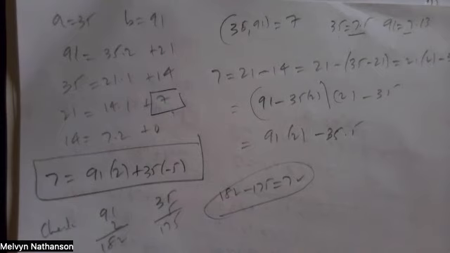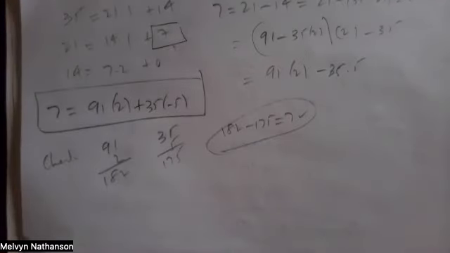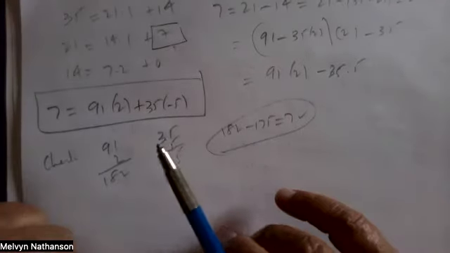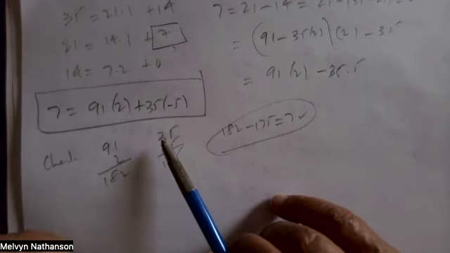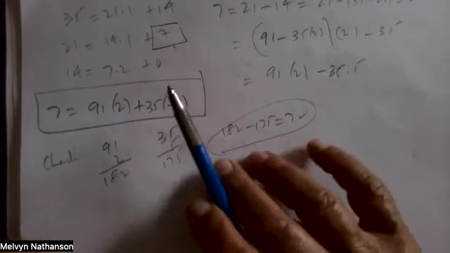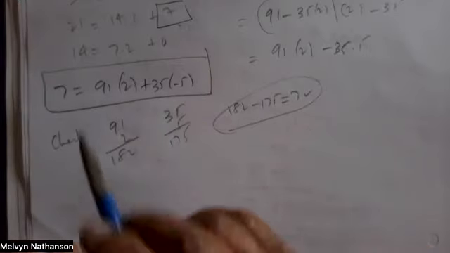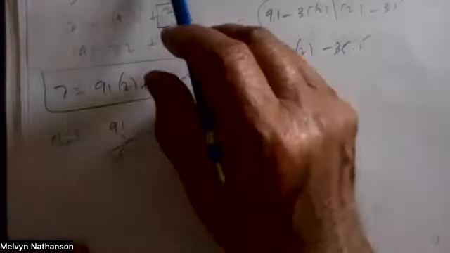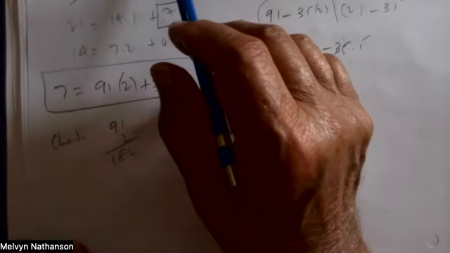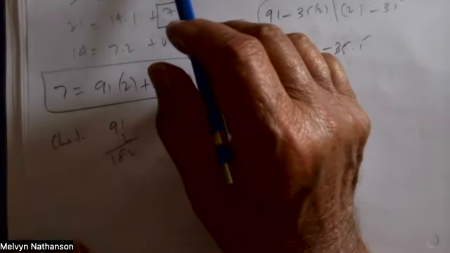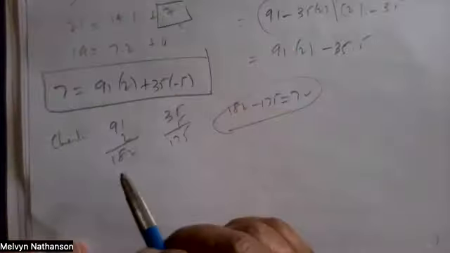Now there's one more thing we can do with the Euclidean algorithm, which is to write A over B as a very interesting kind of compound fraction called a simple continued fraction. So in this case, sorry, I want to take B over A, take the bigger one. 91 over 35.